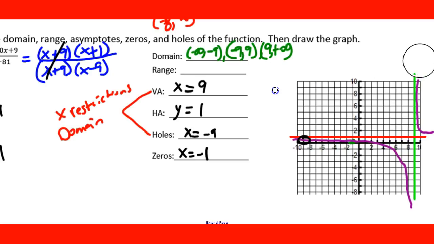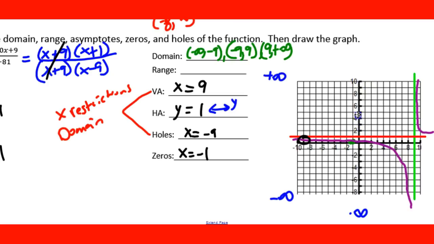All right, now let's talk about the range. For the range, your y restriction, this is your only y restriction right here. So you have negative infinity down here, and what I mean by that is, see how these are negative numbers, negative 1, negative 2, negative 3, negative 4, negative 8, negative infinity way down here. And you have positive infinity way up here, because the range are the y values, it's the y axis.